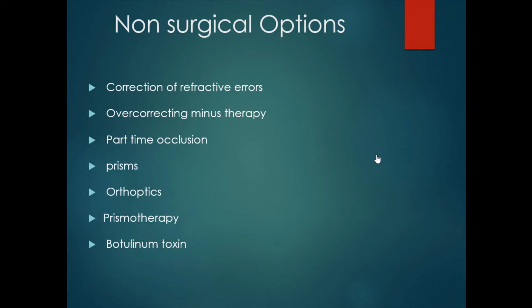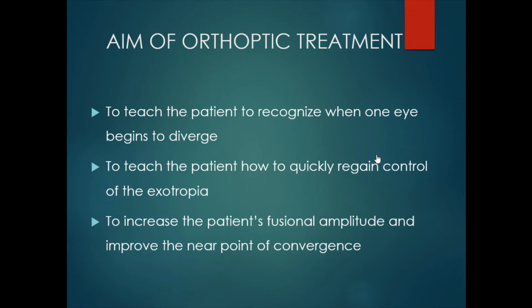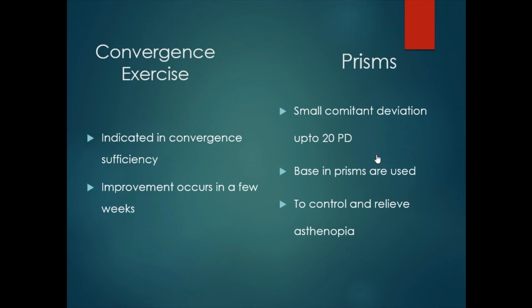Prisms, yeah, you can try base-in prisms, and orthoptics mainly to make them understand the deviation and to make them aware of the diplopia and to bring the eye to control. Botulinum toxin has a role, and the orthoptic treatment, as I already mentioned, is mainly to help the patient recognize when one eye begins to diverge, and also to teach how to regain control of the exotropia, and again to increase the patient's fusional amplitude and improve the near point convergence.